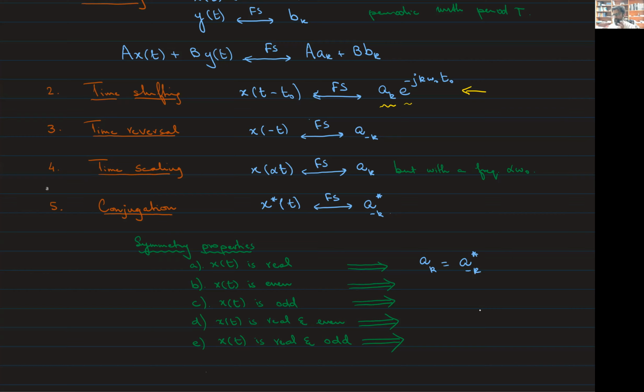They're not necessarily real, but they are conjugate symmetric, right? And it's because of this condition that a naught is real, because if I plug in k equals 0, that means a0 is equal to the conjugate of a0, and that must mean that a naught must be a real number, right? So this is the conclusion that we made.